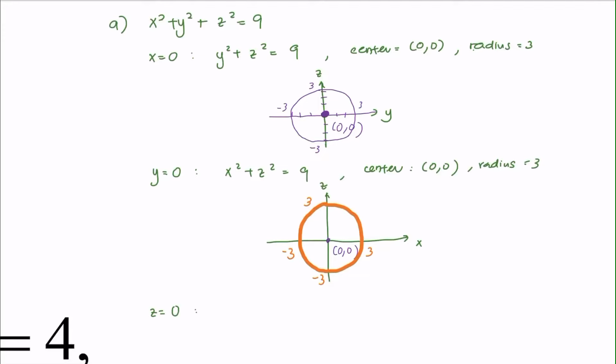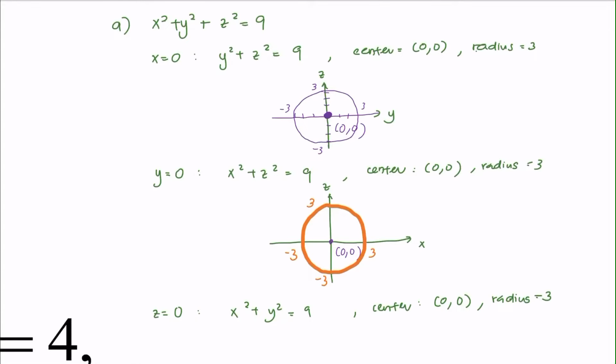Now let's look at the third trace, which is the z equal to 0 plane. We will have x squared plus y squared equal to 9. Still, this is a circle where the center is at 0, 0 and the radius is equal to 3 units. So we will sketch the graph here.